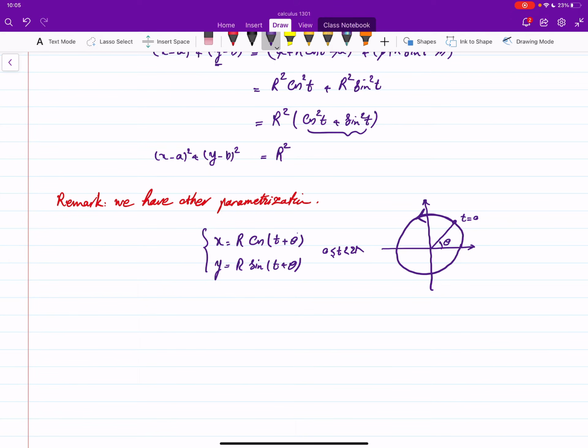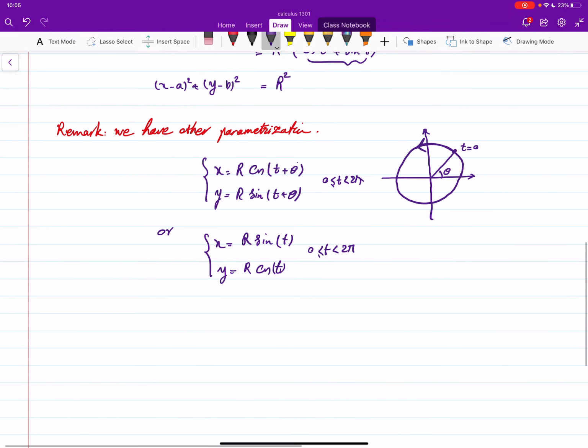Or you can have x equal to r sine t and y equal to r cosine t. And well, again, this will parameterize the circle.